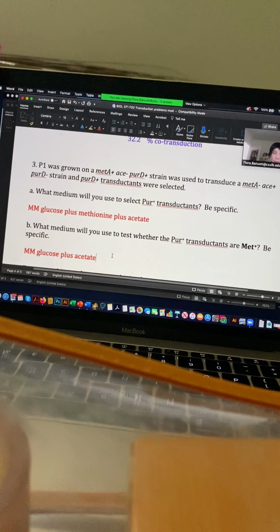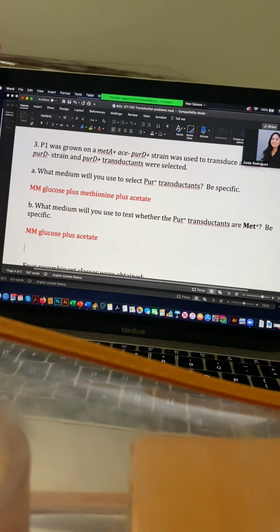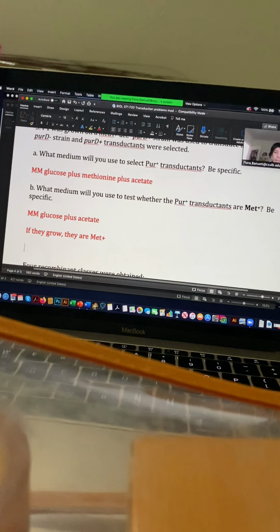There are only two possibilities here. Right, okay, that makes sense. Thank you. Yeah, so if they grow, they are met plus. If no growth, they are met minus. That's how you conclude whether they're met plus or minus.